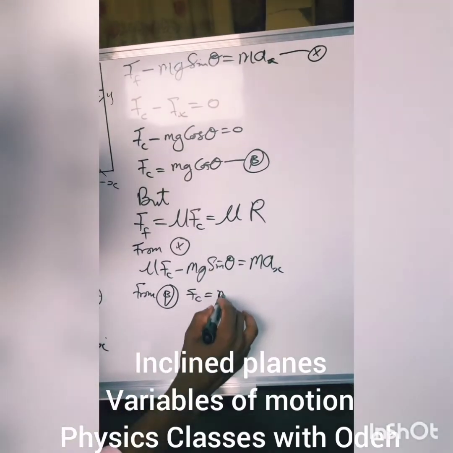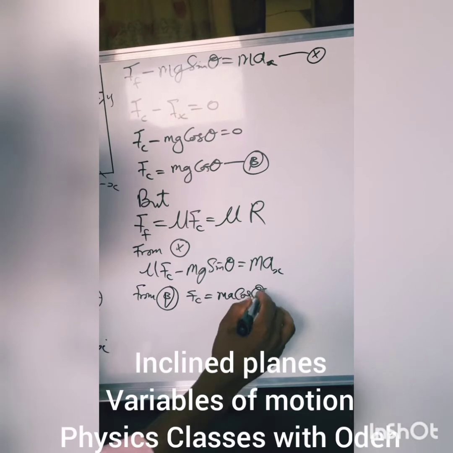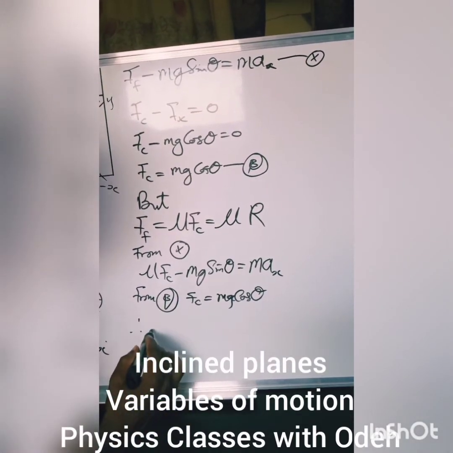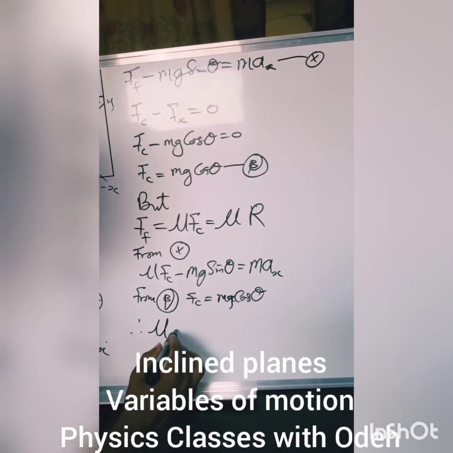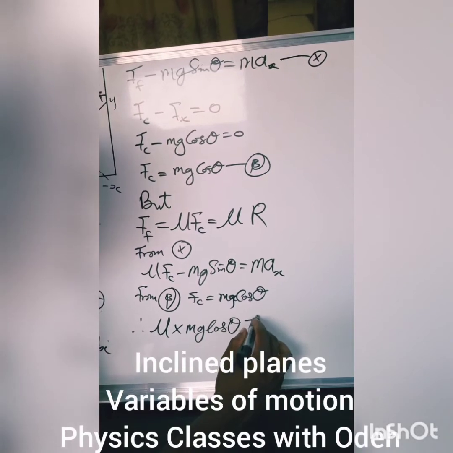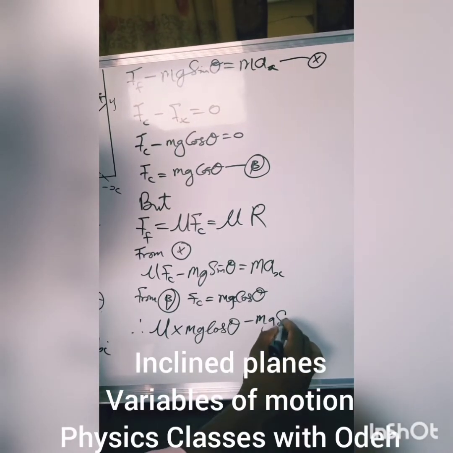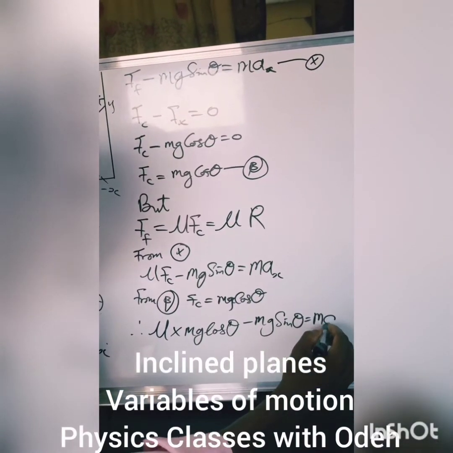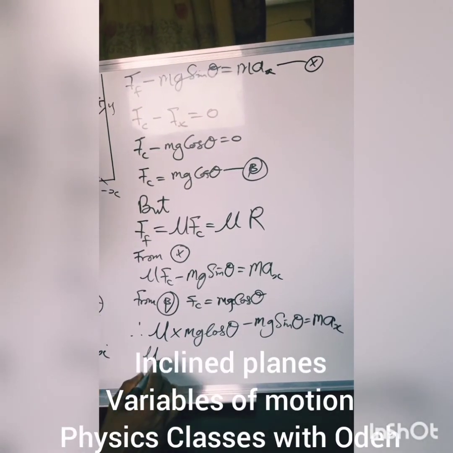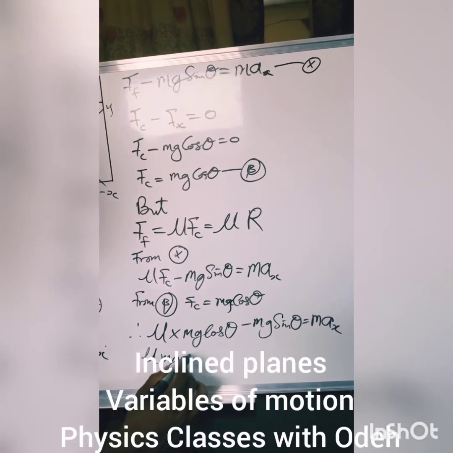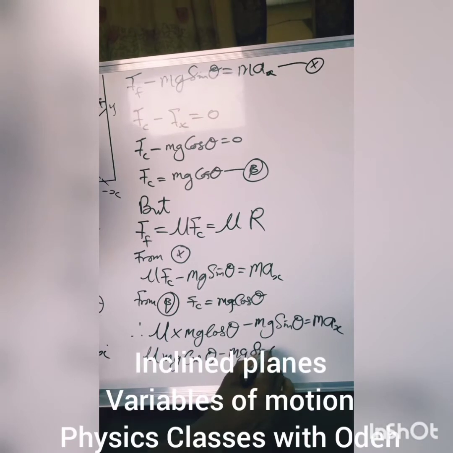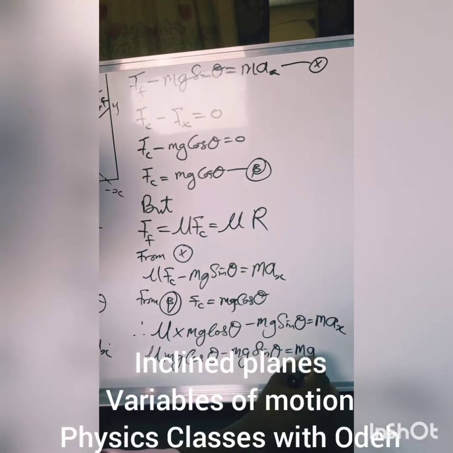Now from beta, Fc is equal to mg cos theta. Therefore, we can now see that mu times mg cos theta minus mg sine theta is equal to max.